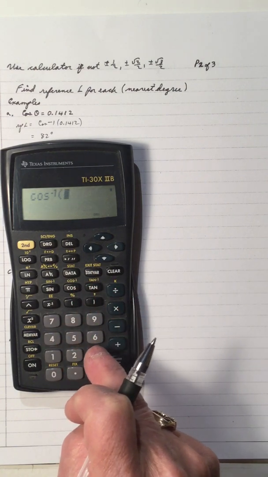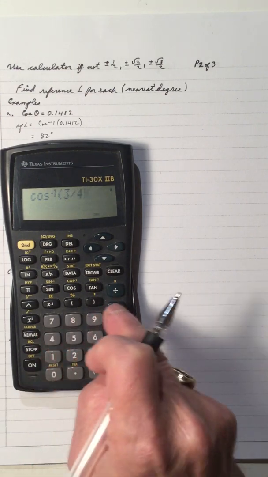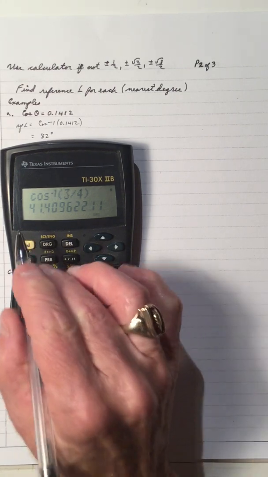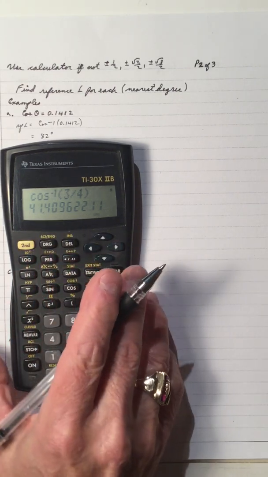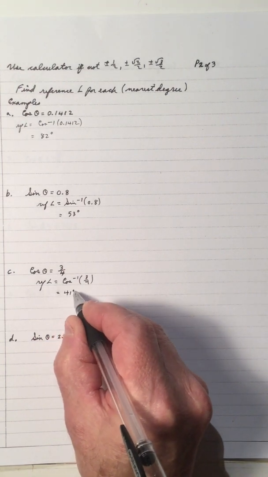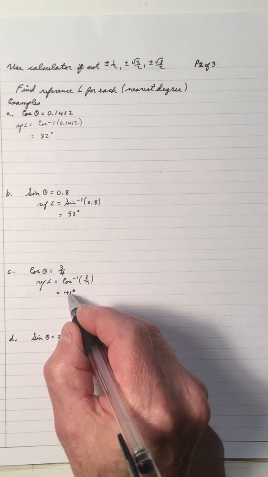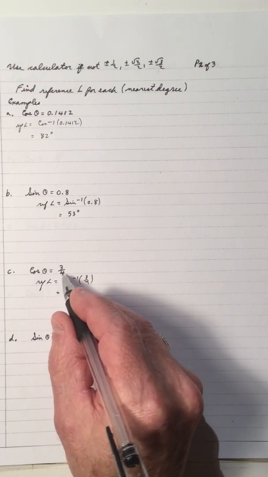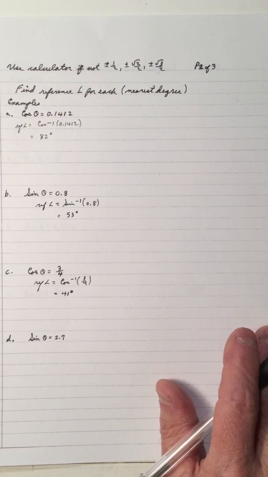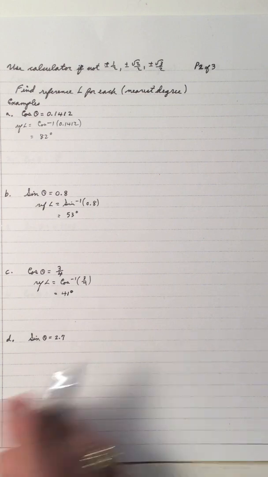I could go decimal 0.75, so let's go 3 division 4 bracket, and I get 41.4 degrees. So 41 is the nearest degree. That's my reference angle. And I repeat, because this is positive, this reference angle is also one of the answers for the degree in the problem that we will discover later. But right now I'm just looking for that reference angle.